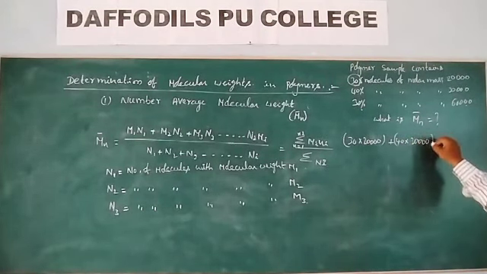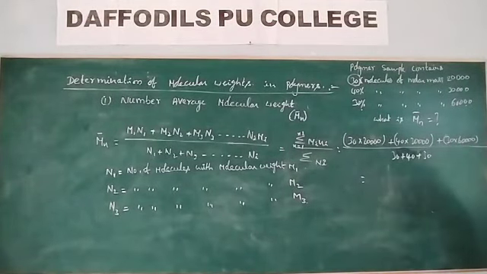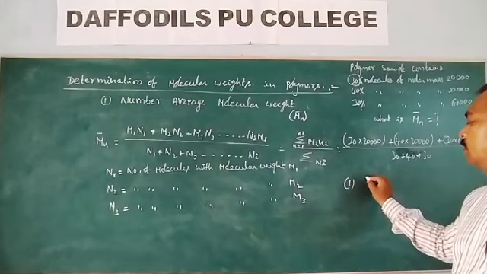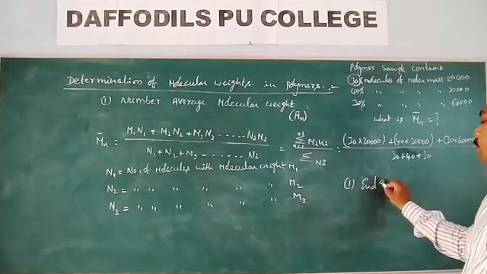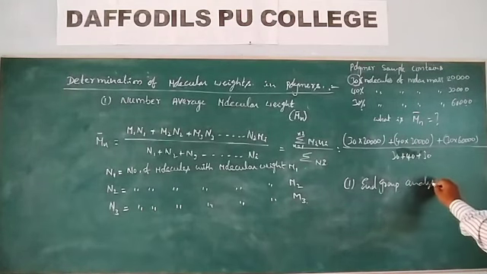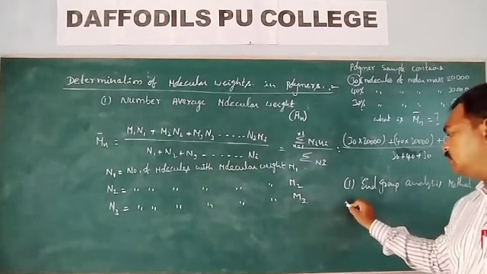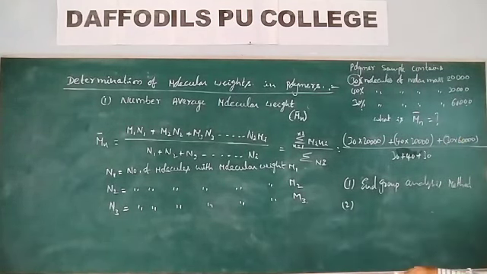Number average molecular weights are identified experimentally by two methods. One is the end group analysis method, and the second one is the osmotic pressure method.